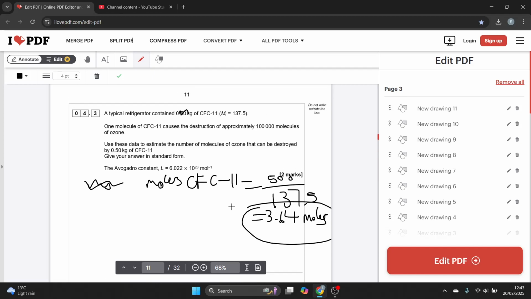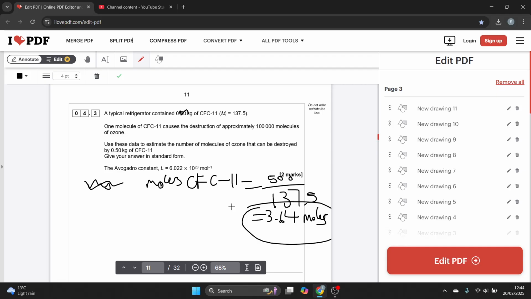Use this data to estimate the number of molecules of ozone that can be destroyed by this much. So I've got the moles, and it says 1 molecule causes the destruction of 100,000 molecules of ozone. So I'm going to times by 100,000.